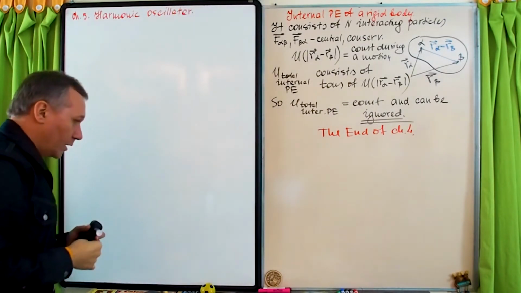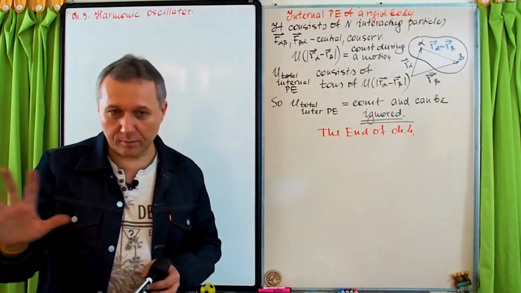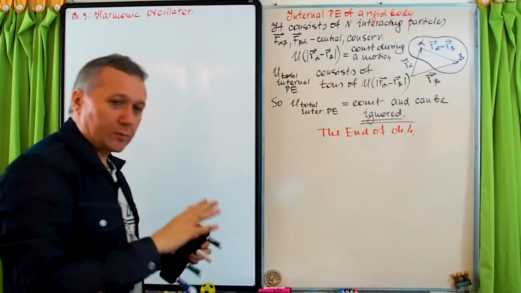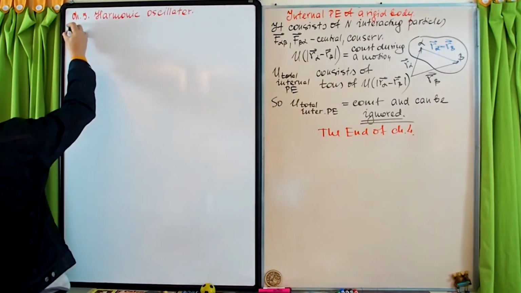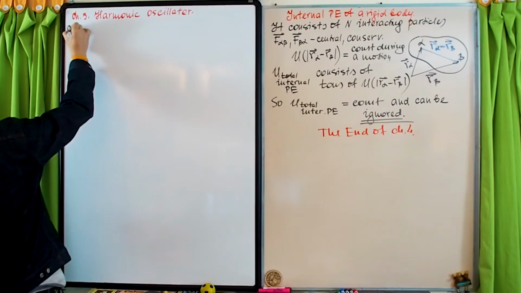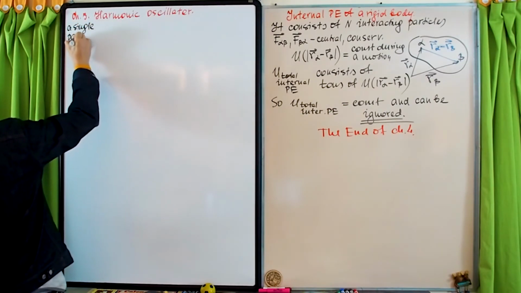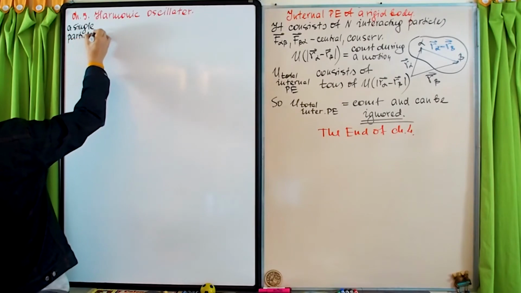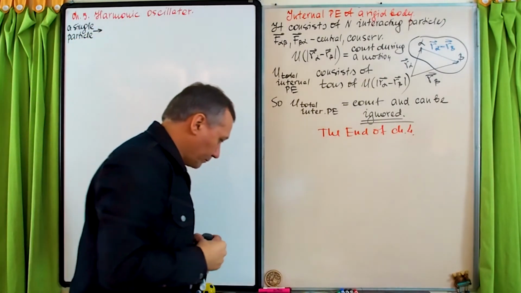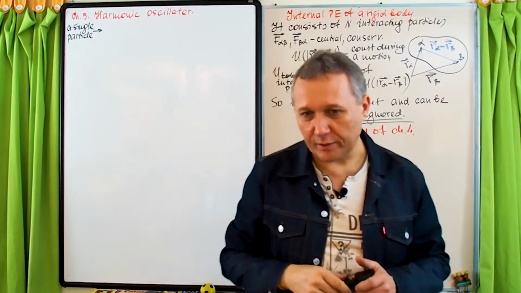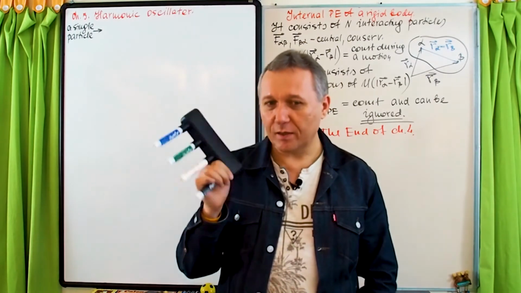Again, we're going to discuss a single particle, one object. Let me just write single particle. Then, in order to have oscillations, that particle must be around which point?